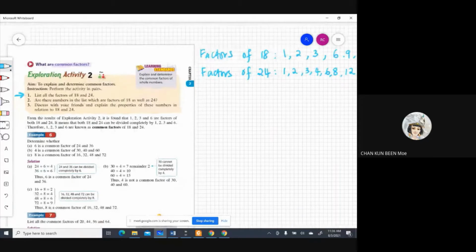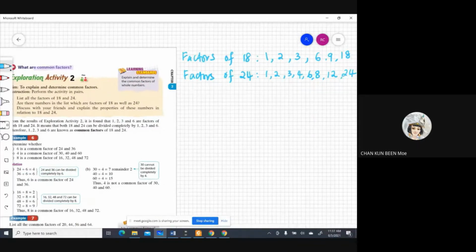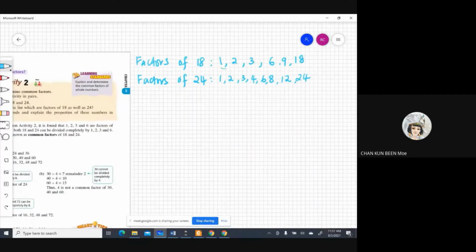Now, are there numbers in the list which are factors of 18 as well as 24? Are all the factors in here the same as the factors in here? Not really, right? Because you can see there are some extra numbers added for the factors of 24 over here. So we are going to find out the common numbers between the factors of 18 and also 24.